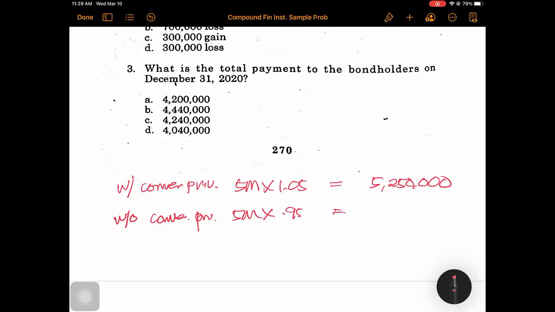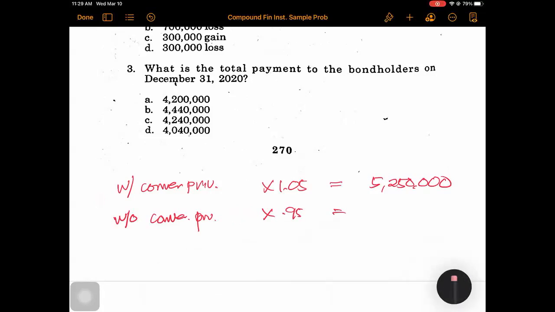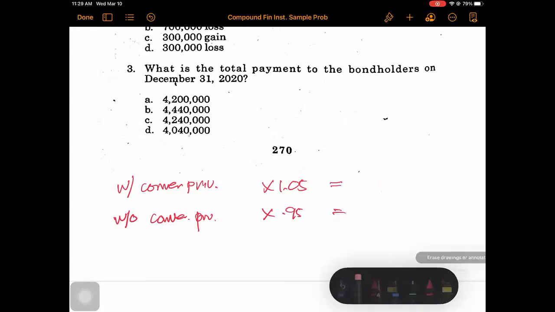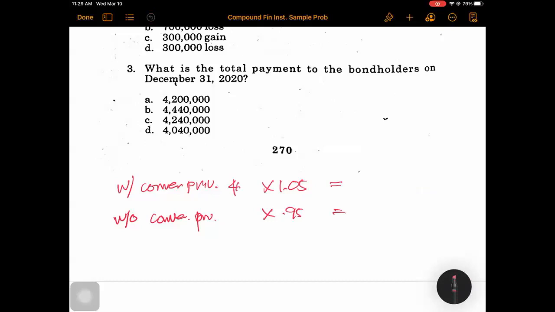Anong 5 million akong igamit? This should be 4 million. Di ba 4 million ra to? So mali na eh. That's 4 million. Then, pag walay conversion privilege, that's 3,800,000.